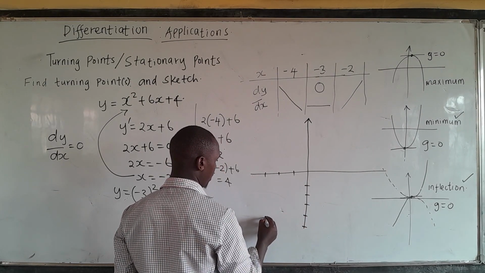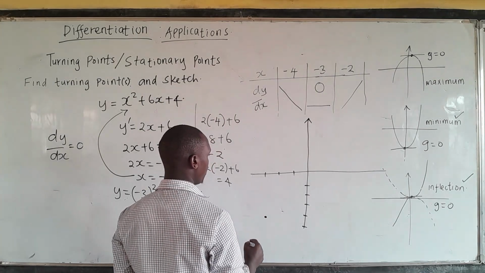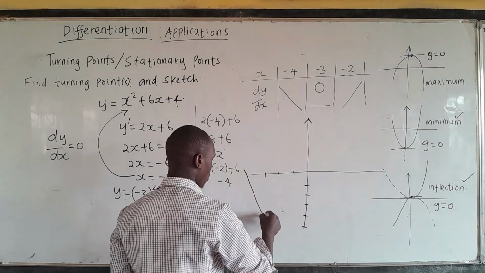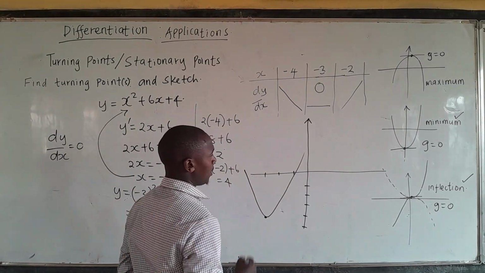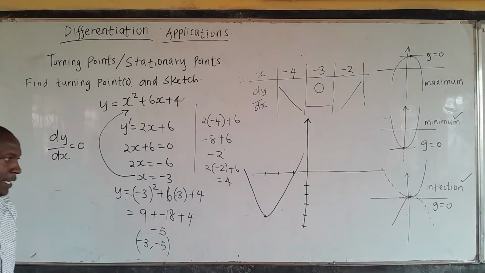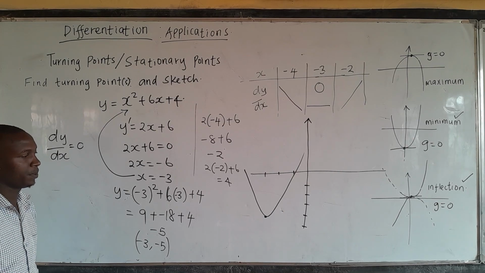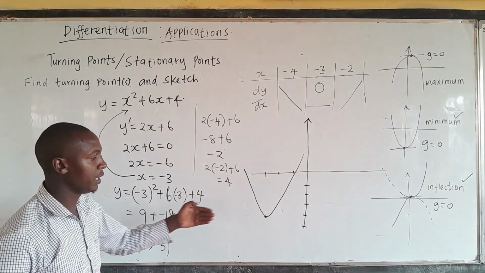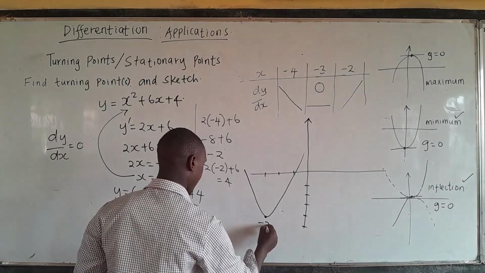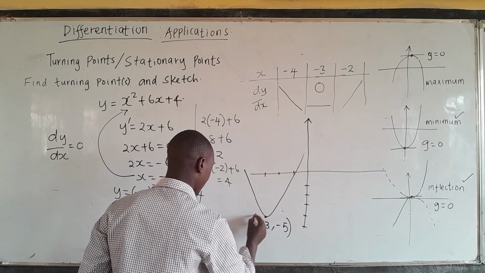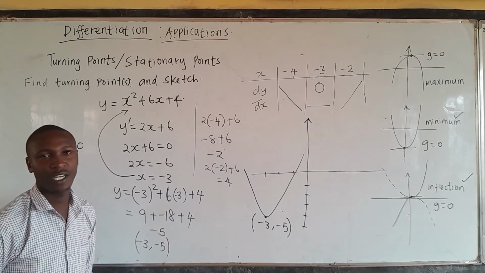The point is going to be around here, and that is going to be the minimum, and therefore it's going to open upwards, and that becomes the shape of our curve. It is a minimum, and this point is negative 3, negative 5. And that's how we can sketch a given curve.